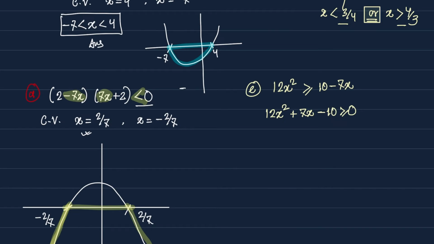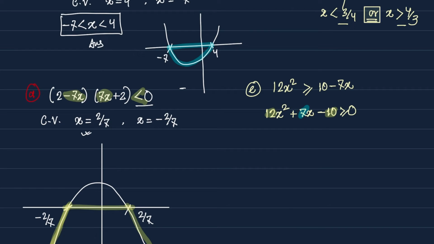Now we have to try to factorize it. 12 and 10 make 120, and we have to make 7.